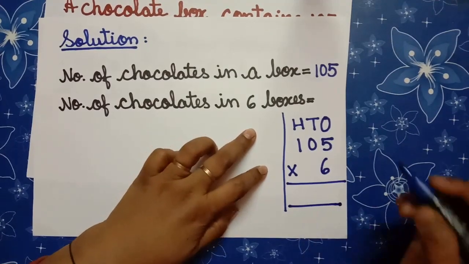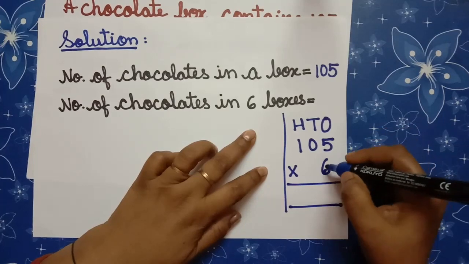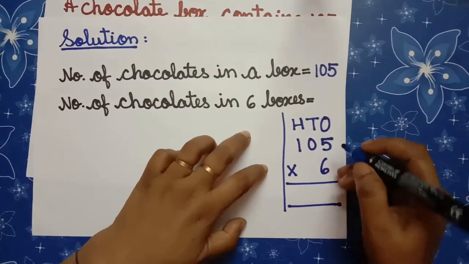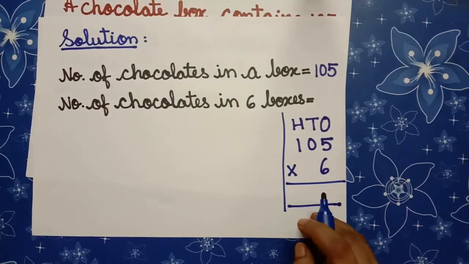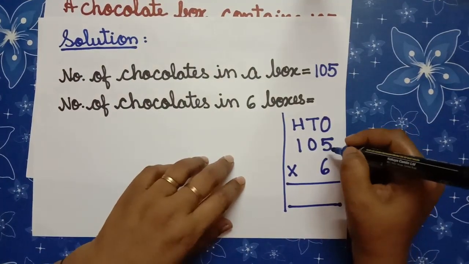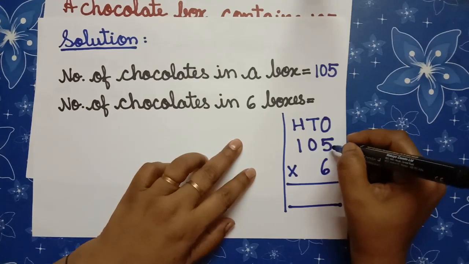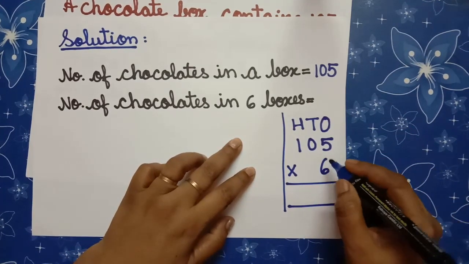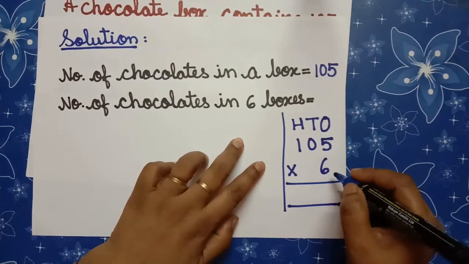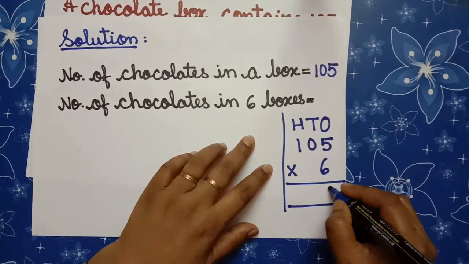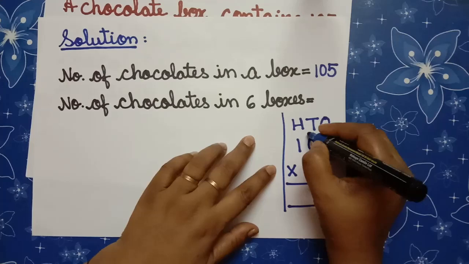First, multiply the ones column. How many ones are there? 5. So 5 ones multiplied by 6. 5 sixes are how much? 30. So you will write 0 in the ones place and carry over 3 and write it under the tens column.